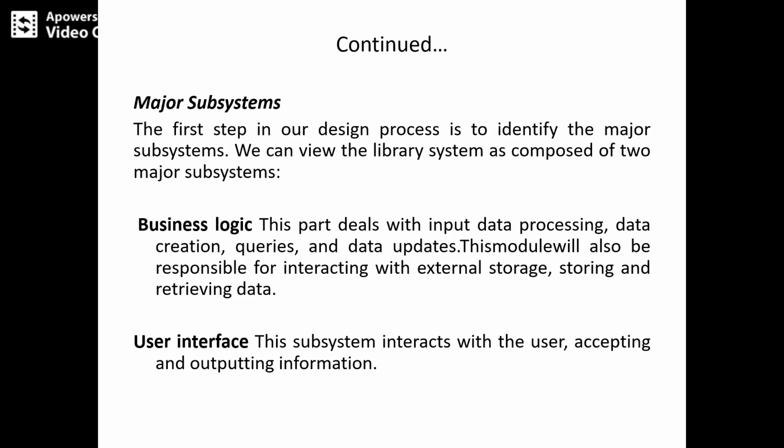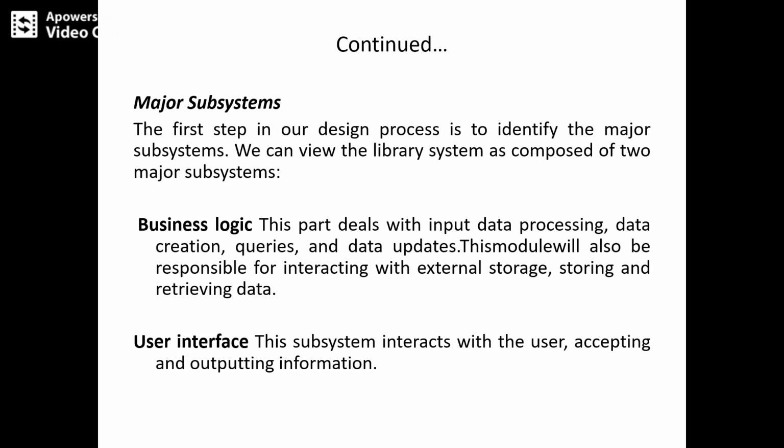It is responsible for interacting with the external storage, how we are going to store the huge library management data in external devices, and storing and retrieving the data as and when required. The next major subsystem we identified in the simple library management system is the user interface.